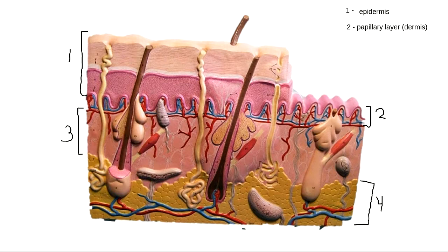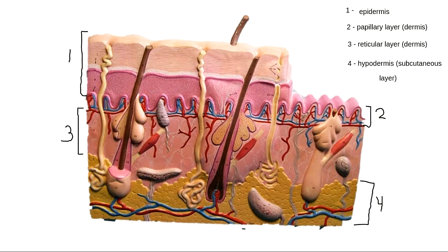Okay. Region number 3 is the really big one. Region number 3 is called the reticular layer of the dermis. Absolutely. Okay. And then region number 4 is that lowest layer. Had a couple of different names for it. I like hypodermis best. You might also see it called the subcutaneous layer. Add that word layer.